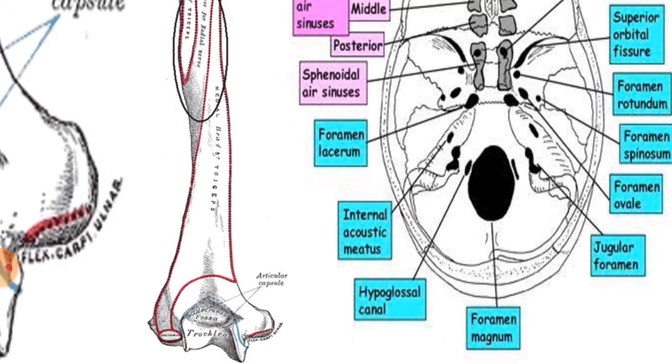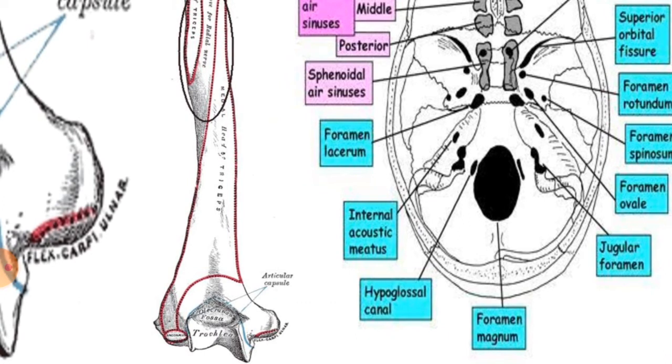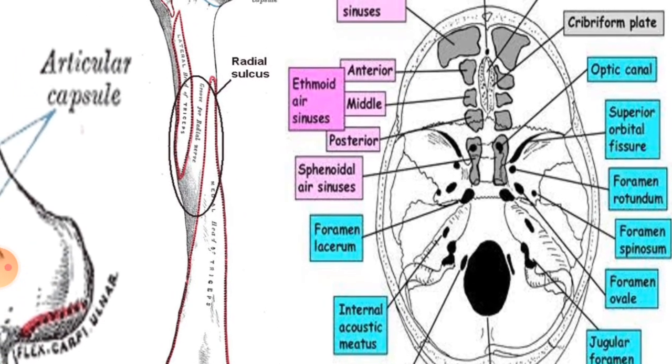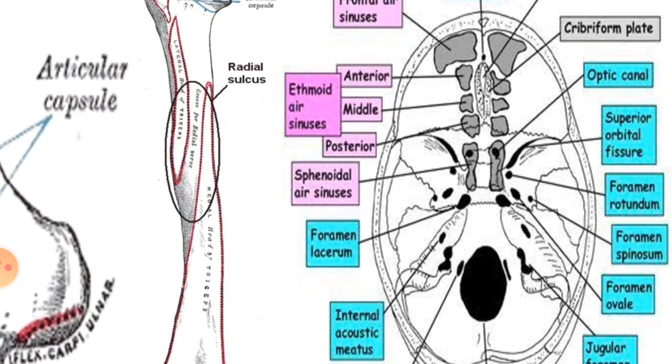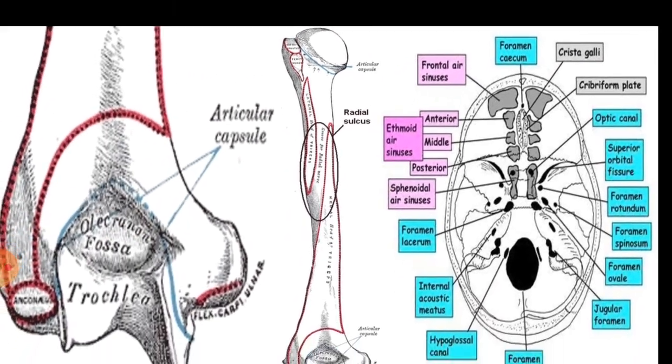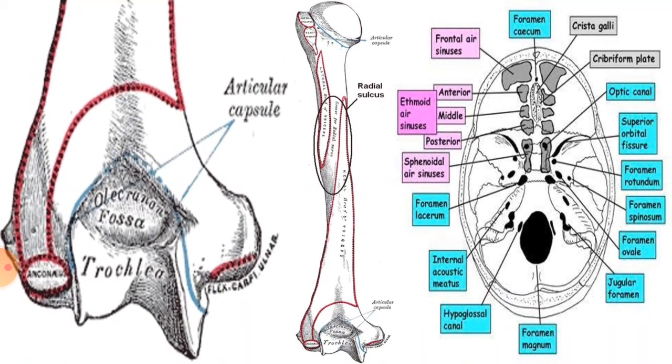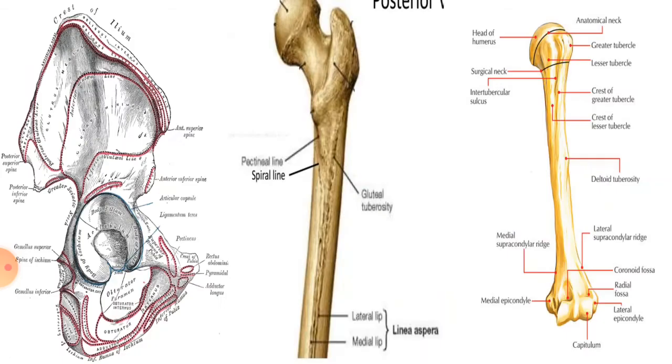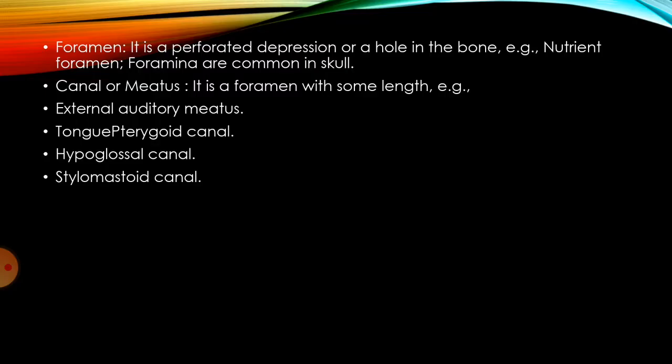You can appreciate the internal acoustic meatus. Similarly the hypoglossal canal, and you can see that this hole has some length. Similarly the optic canal. So these are the various markings that you can appreciate on a dried bone.